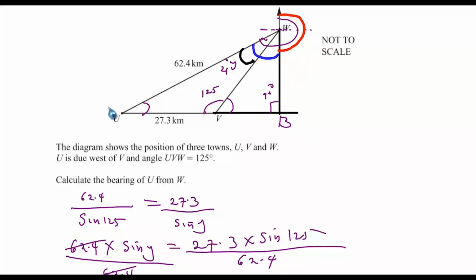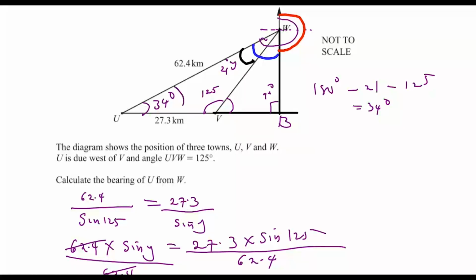So let's find angle u here. It will be 180 degrees, subtract 21, subtract 125. If we do that, that will give us 34 degrees. So that means the angle u here is 34 degrees.